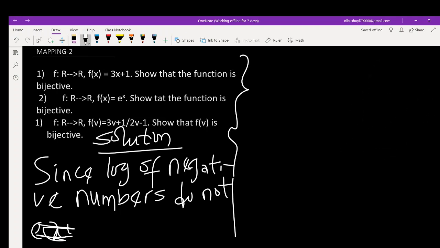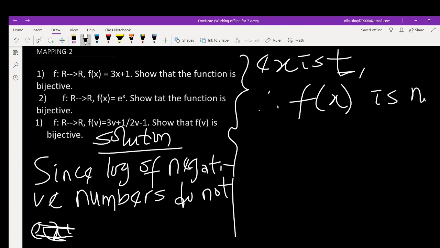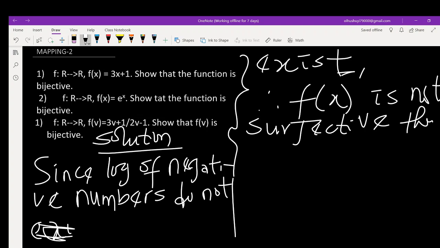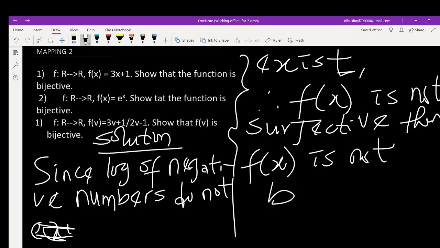Since log of negative numbers do not exist, therefore f of x is not surjective, because y could be negative, then f of x is not bijective.